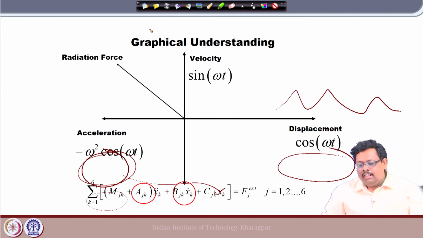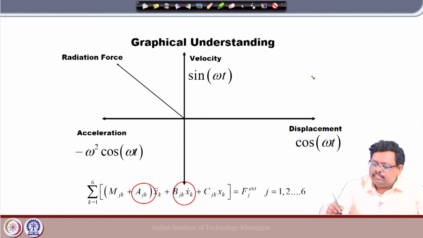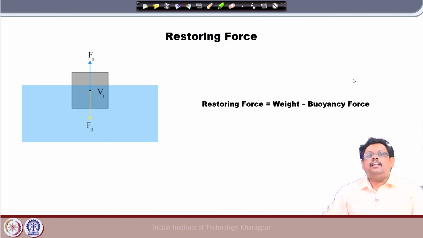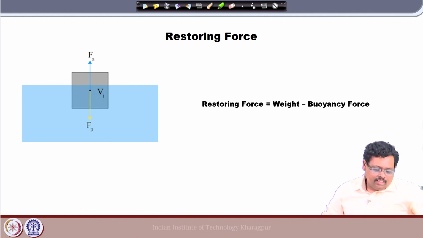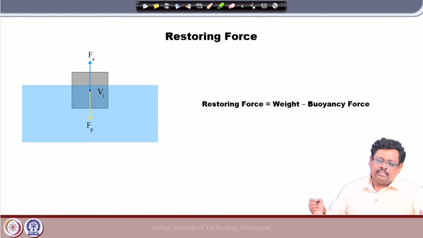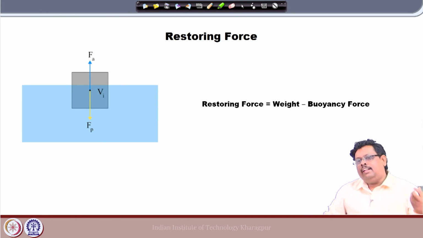Now, let us try to understand another component, which is the C, or the restoring force, right. If you remember the equation of motion, we have some term C also. Today in this lecture we are just trying to understand the different parts of this equation of motion, and at a later stage we are going to find out the numerical technique to obtain such forces.